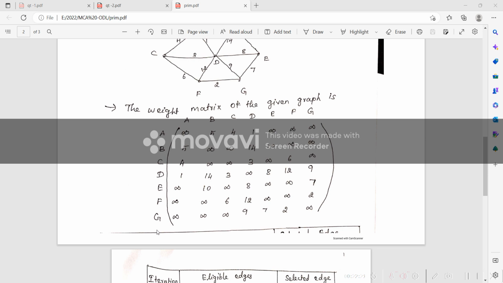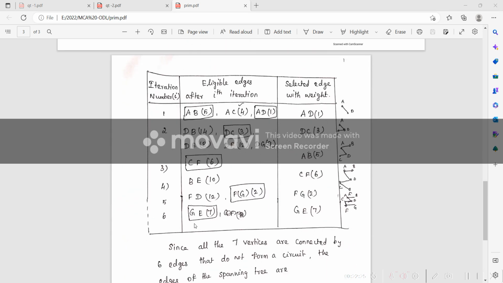So GE and GF, that is already included. So only thing is GE. Okay, so the edges we have to consider now is DB, DE, DF, DG, BE, FD and GE. So among that the minimum weight will be GE.